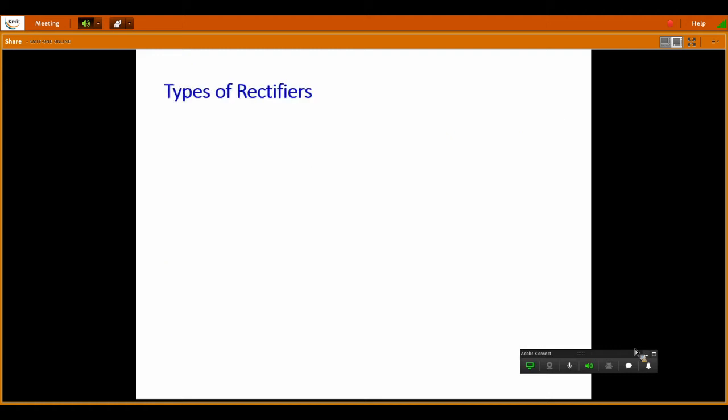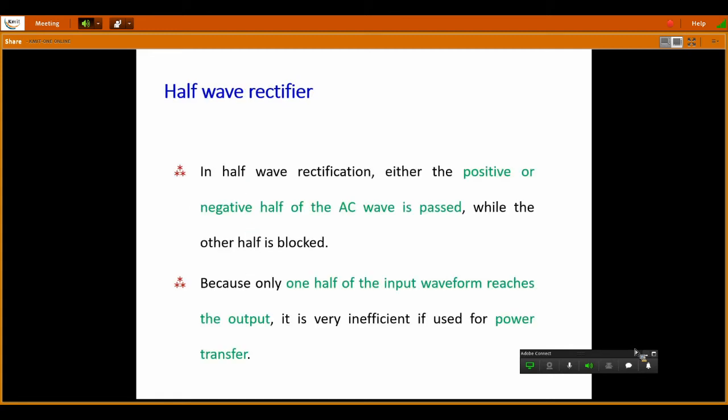And next we have seen the types of rectifiers. There are three types: half wave, full wave, and bridge rectifier. We will see the operation of each one by one. First we are going to see the half wave rectifier. In half wave rectification, only half of a sinusoidal input signal is used; either the positive part or the negative part is rectified.